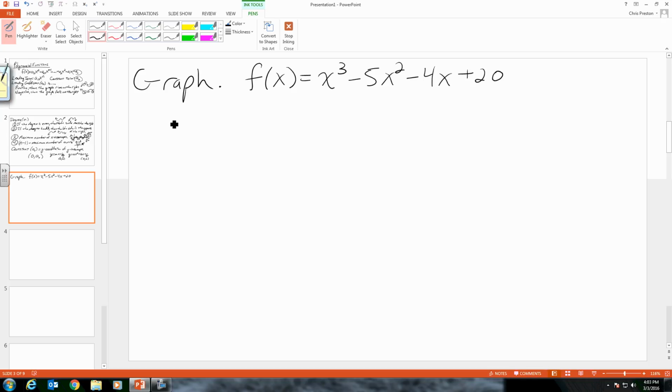What I want you to do is figure out the right and left hand behaviors, up or down. I want to find the y-intercept, if there is one. Well, there always is one, so I want to find it. And I want to find any x-intercepts.